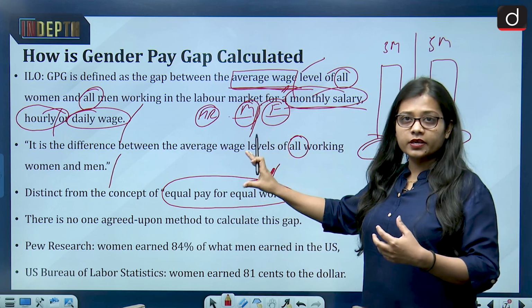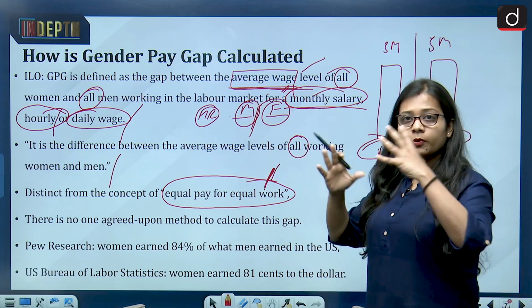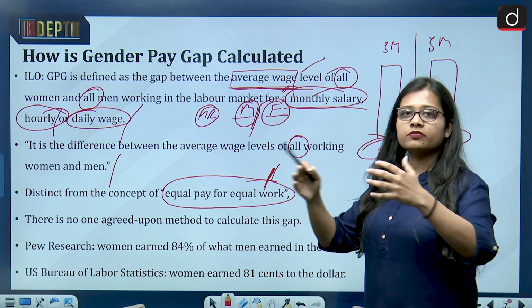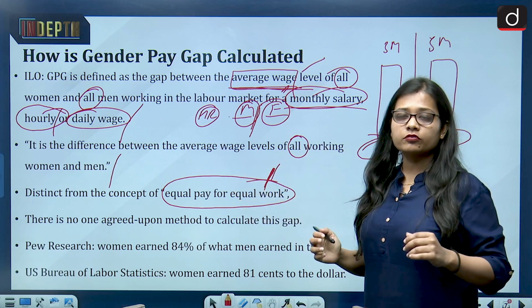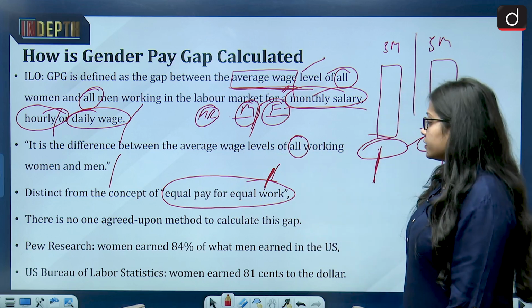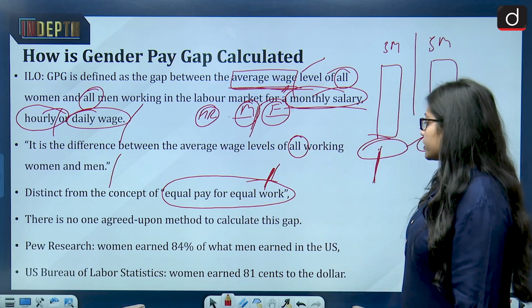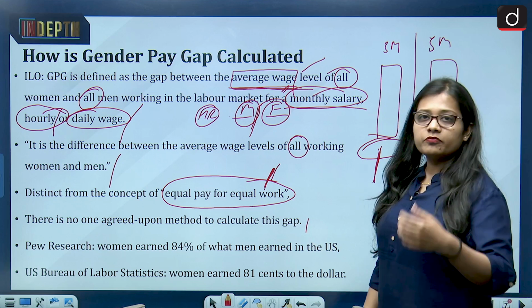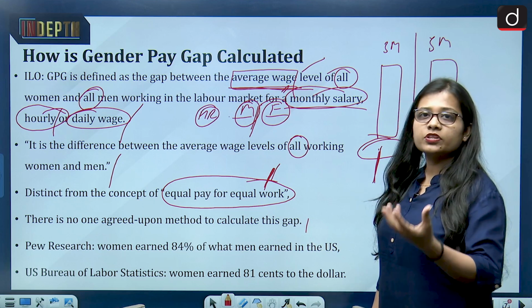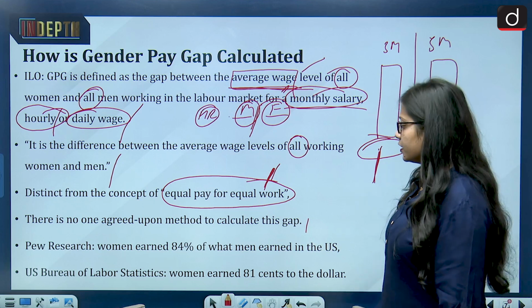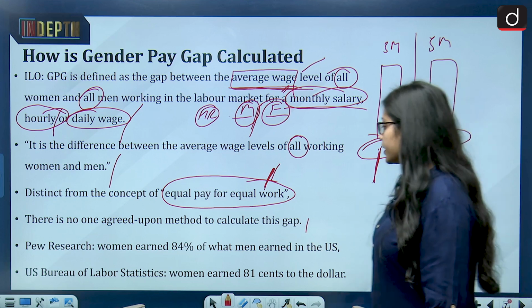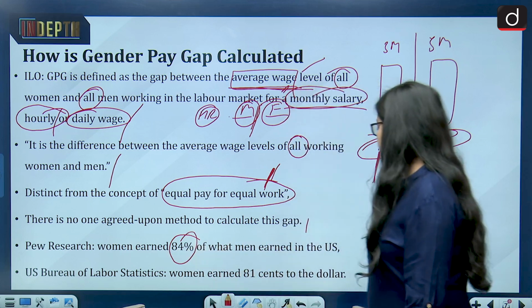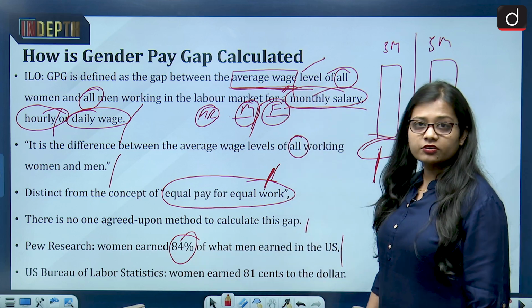But ILO is actually talking in a broader sense, because it is covering a large section of society. Then there is no one agreed upon method to calculate this gap, because every organization covers it with their own methods. According to the Pew Research Institute, women earned 84% of what men earned in the United States of America.